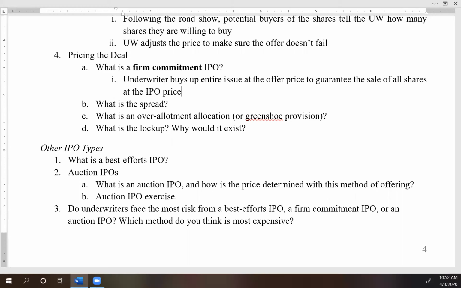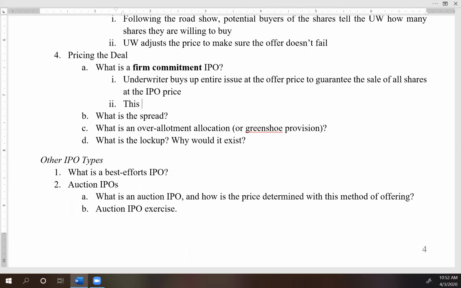So this is the most common IPO method, largely because of the safety that it provides for the IPO firm.